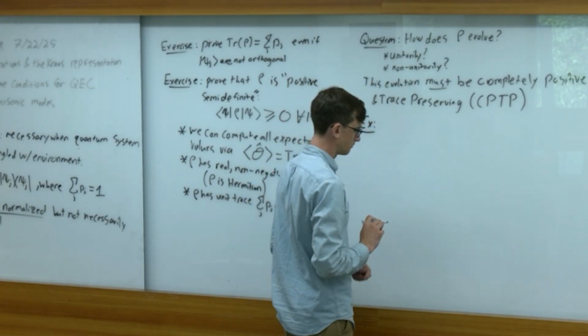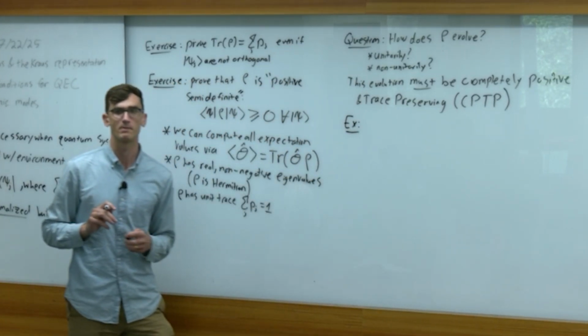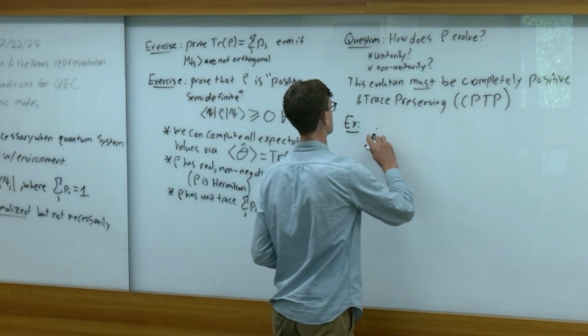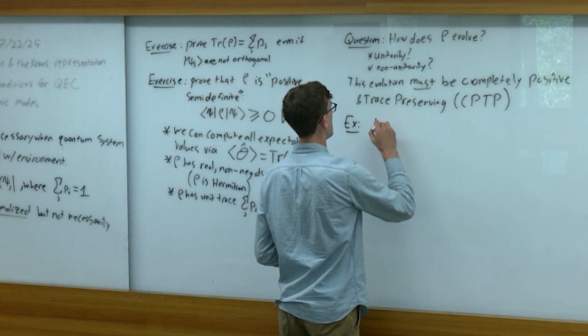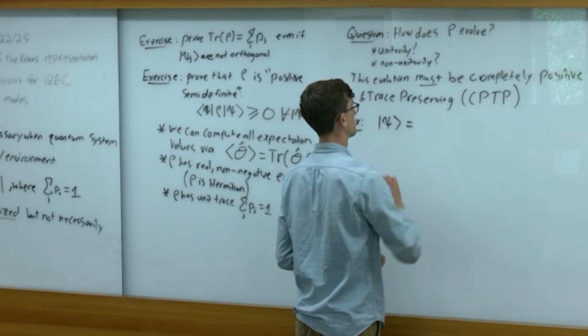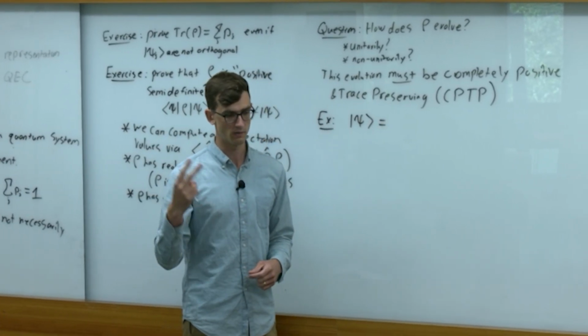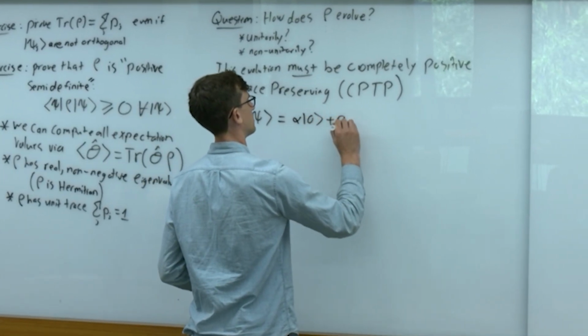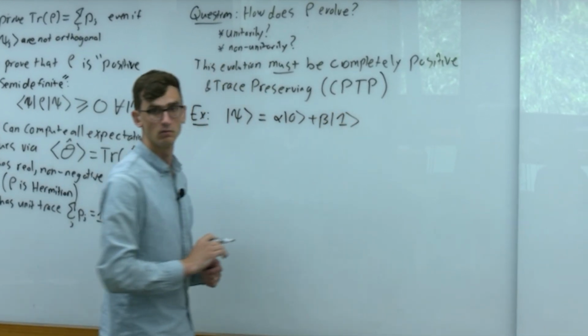Is everybody here familiar with bra-ket notation? Excellent, cool. So let's consider some state psi, which is going to be some superposition of my 2 qubit states. So I'll have alpha 0 plus beta 1, right?